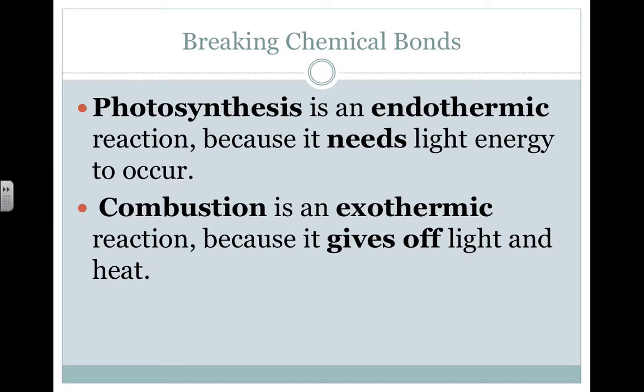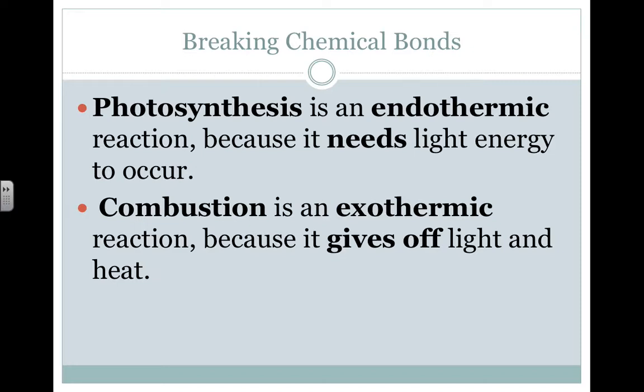Just two examples. Photosynthesis, which we know occurs in the chloroplast of plant cells, is an endothermic reaction. So it needs the light energy, or the energy from the sun, for it to occur. Whereas combustion is an exothermic reaction, and the reason for this is it gives off light and heat.